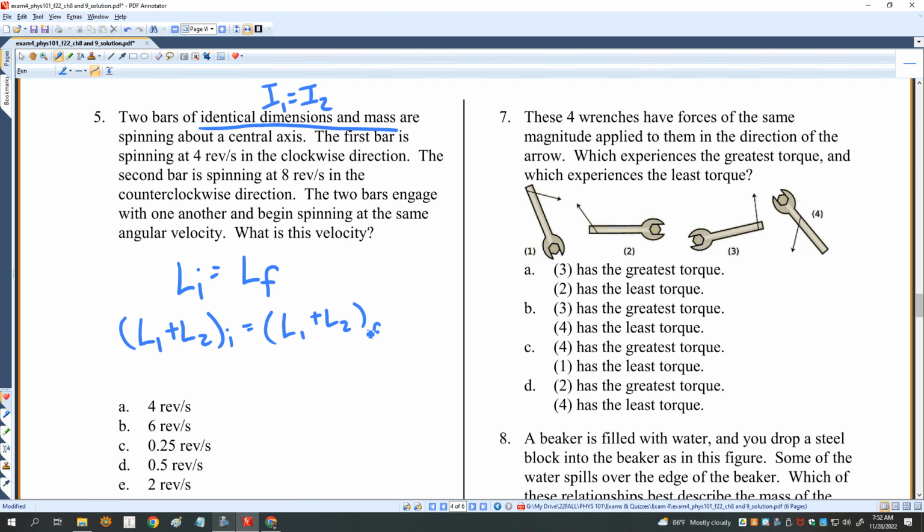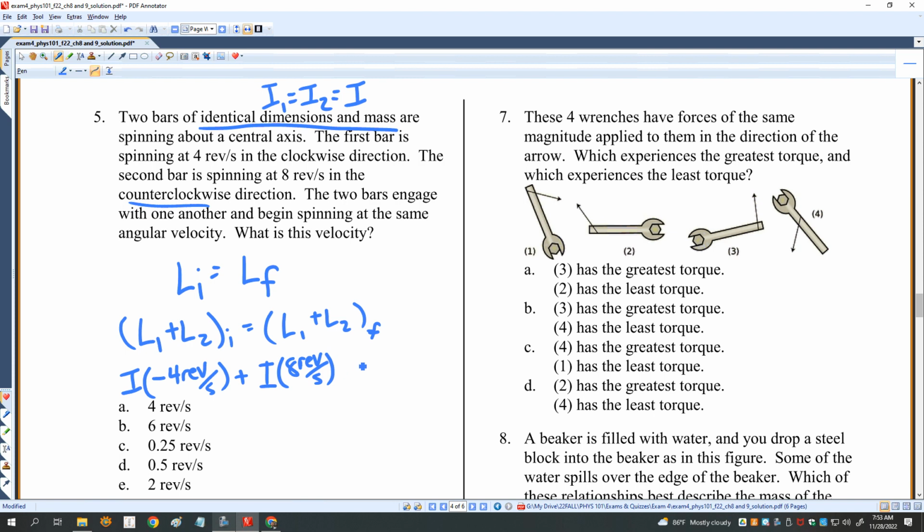So I can have L1 as I, I'm just going to call it I because they're both the same, times 4 revolutions per second, but it's going to be negative, plus I times 8 revolutions per second, which is positive because it's counterclockwise.